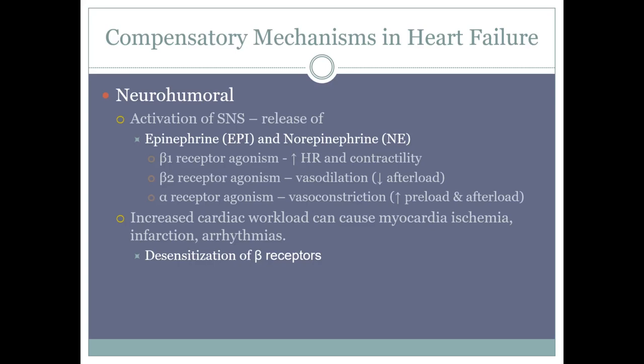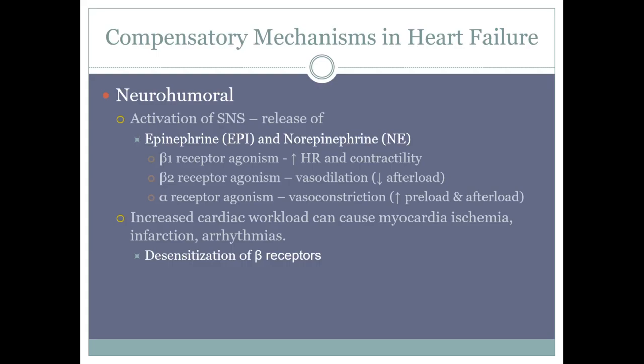Over time, over more like years, what tends to happen is that the beta-1 receptor in particular can become desensitized. In other words, even though exposed to epinephrine, it's not getting the same effect. You're not getting the same amount of heart rate increase or increased contractility. So we begin to get diminished effects from that compensatory mechanism, but unfortunately, the alpha receptor doesn't have that same desensitization.